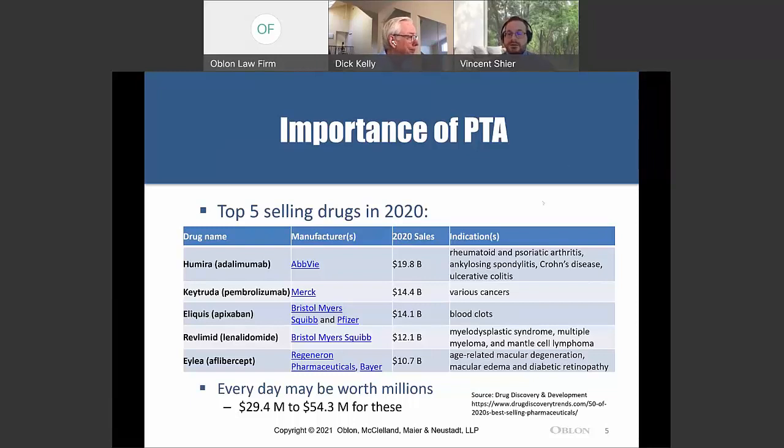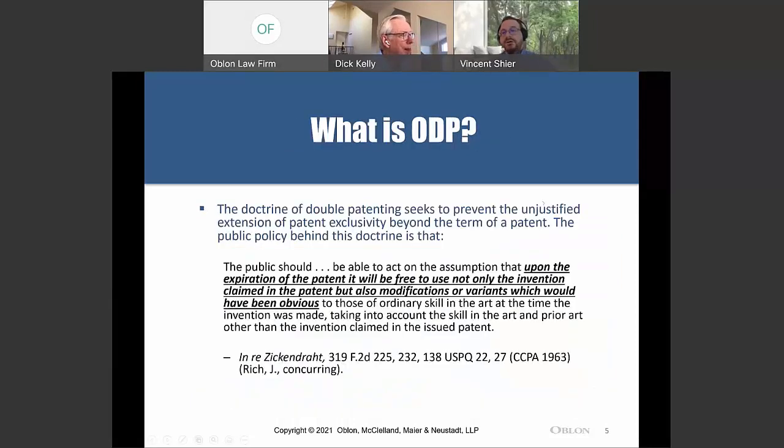Vince? Thanks, Dick. So as I said at the beginning, we're going to discuss the interplay with obviousness double patenting. So I think first it's important here to understand what double patenting really is in the U.S. And the doctrine of double patenting is an attempt to prevent unjustified extension of the patent exclusivity period beyond the term of a patent.